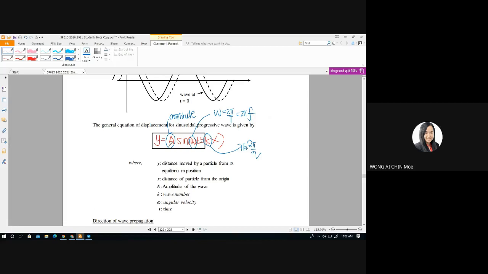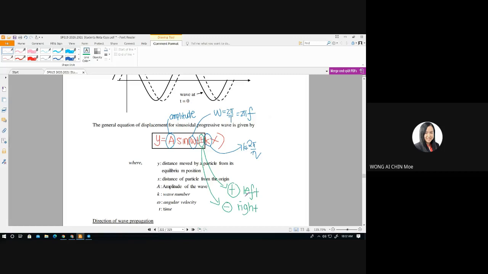We also have another symbol, plus minus, here. When we say plus kx, meaning that your wave propagates to the left. When you write negative kx, your wave propagates to the right. So ini adalah ke mana gelombang anda bergerak.